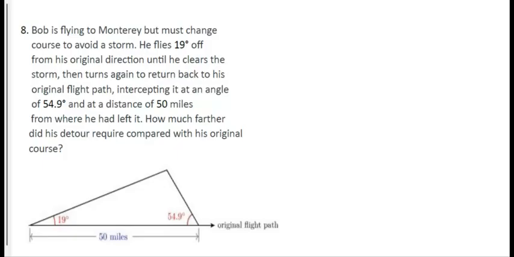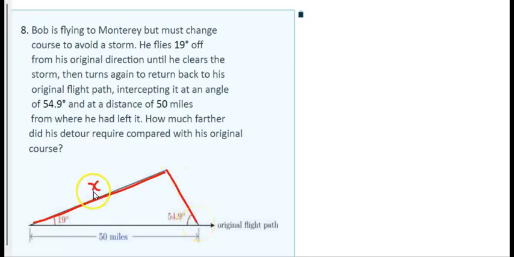All right, so in this problem, we're talking about a detour. They're asking the question, if this person flies the detour, how much further does the person have to go than if they would have gone the original flight path?